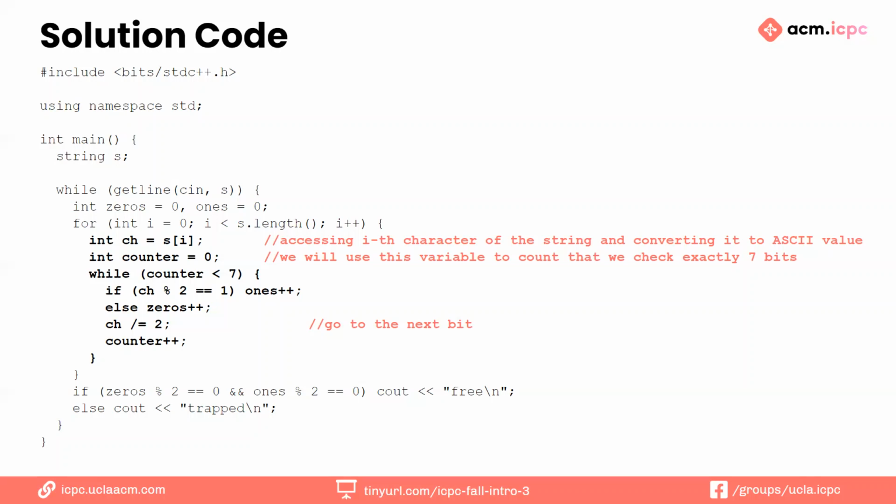We still check the remainder, and we divide by 2 using integer division. And afterwards, we increment the counter so that we can go through the while loop exactly 7 times. Does anyone have any questions about this snippet of code?